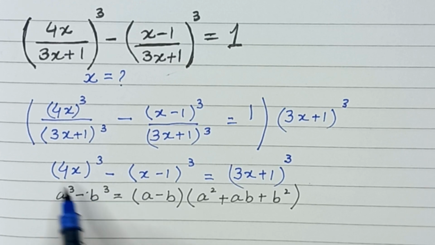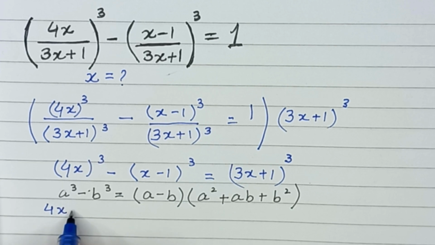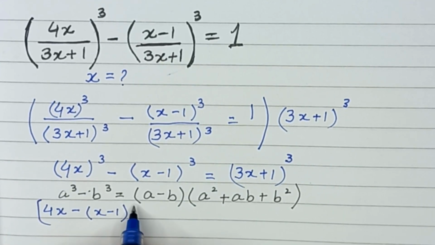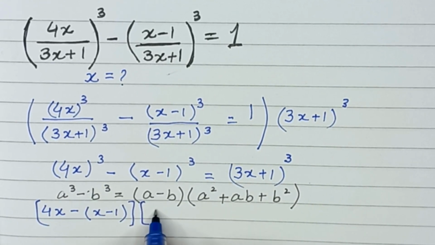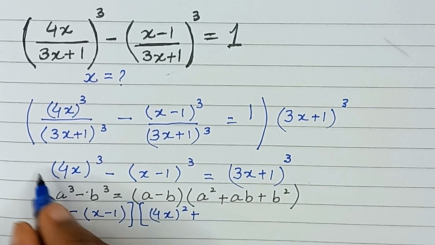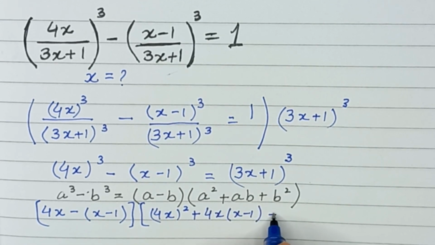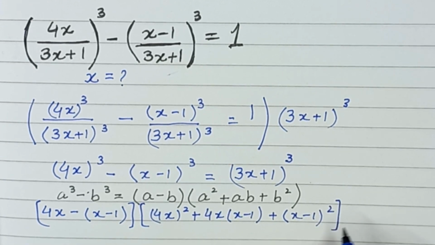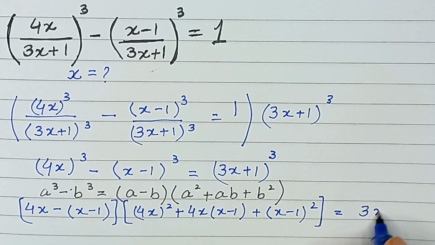So it will become a − b means (4x − (x−1)) into a² + ab, a² means (4x)², plus ab means 4x into (x−1), plus b² means (x−1)², and it is equal to (3x+1)³.